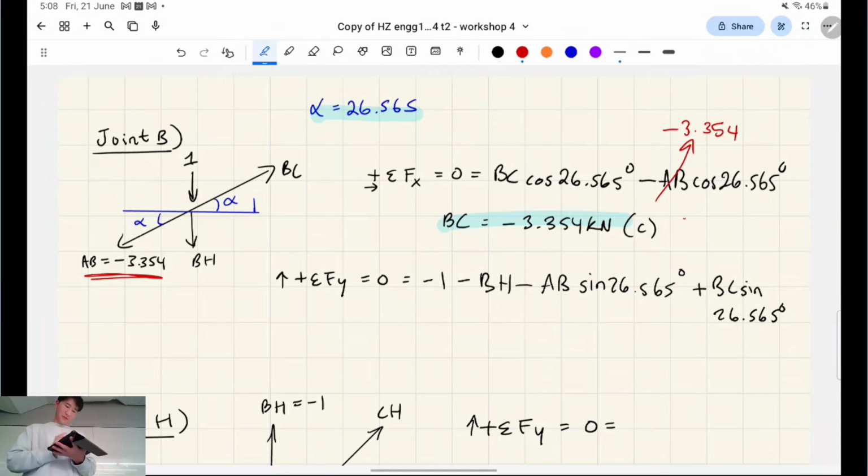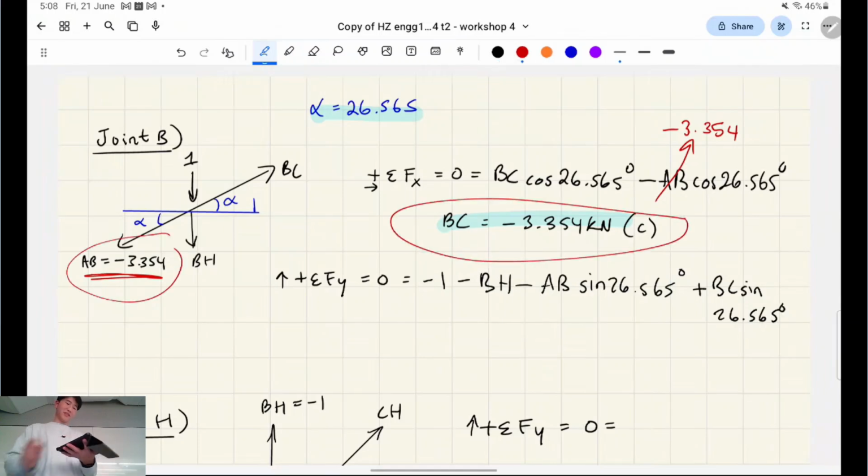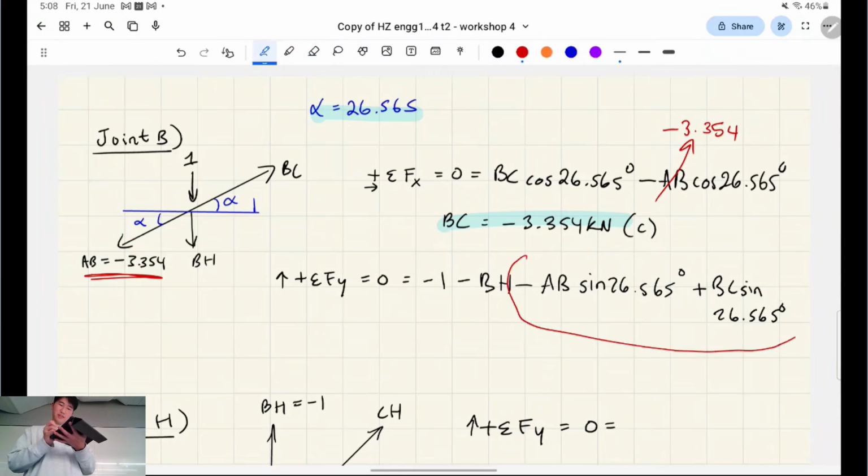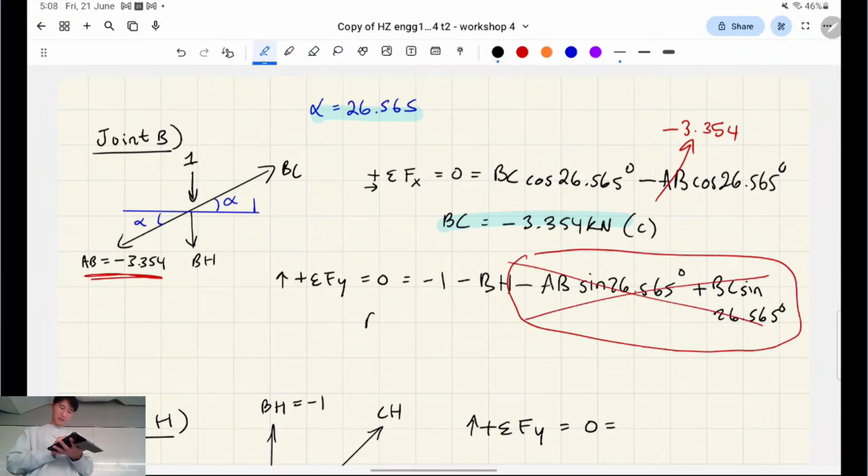But we basically found out that BC and AC actually have the same value, magnitude of compression. So these cancel each other out. So BH is just going to be -1 kilonewtons in compression, right? Makes sense?